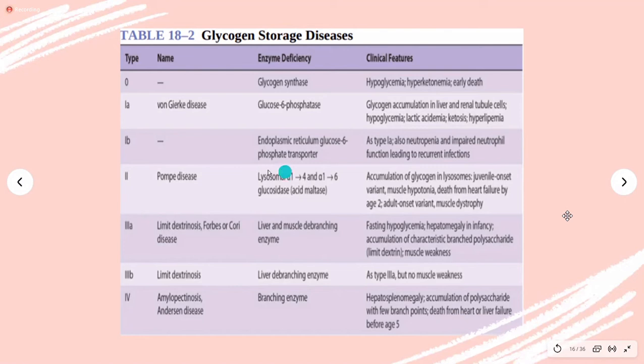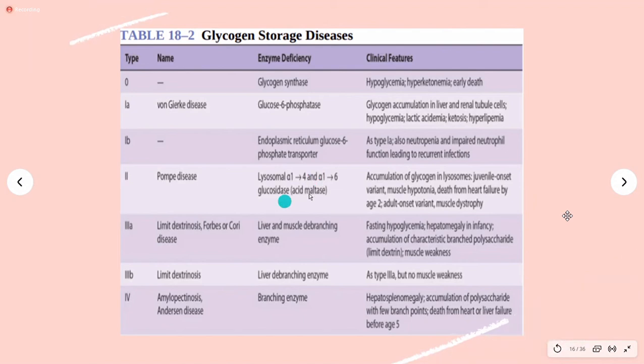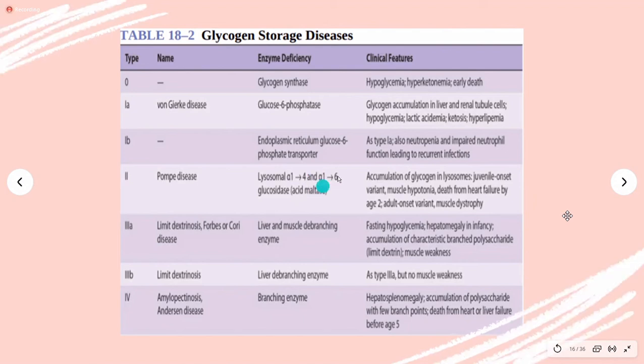The lysosome is a bag of enzymes. And these lysosomal enzymes can break down alpha 1,4 and alpha 1,6 linkages. So if we do not have this, there will be an accumulation of glycogen in the lysosomes, because the lysosomal enzymes are not there.